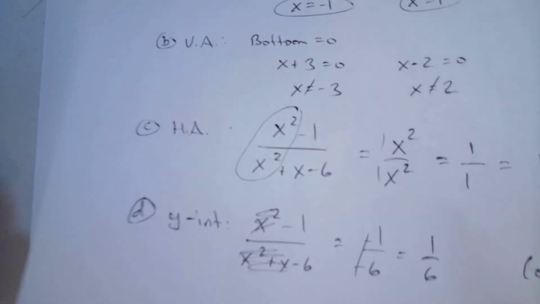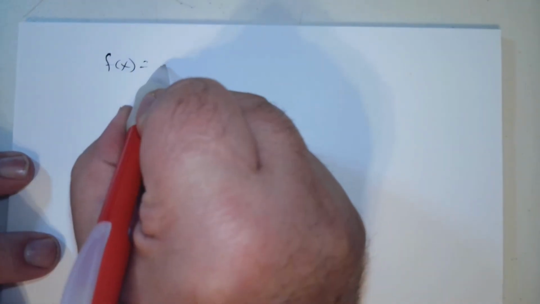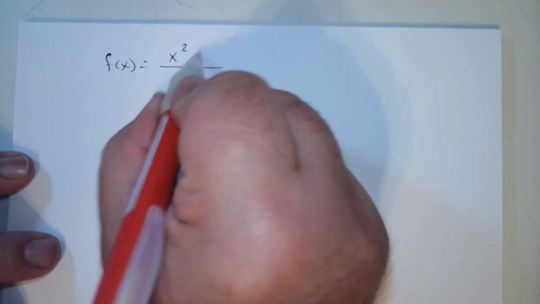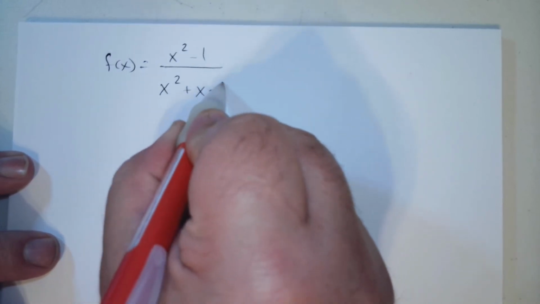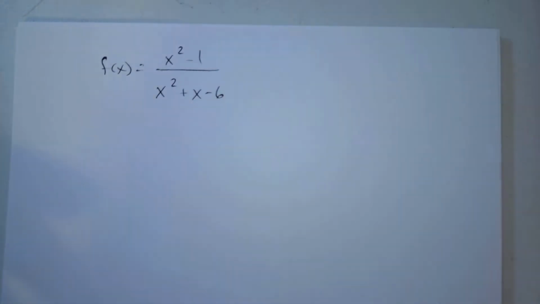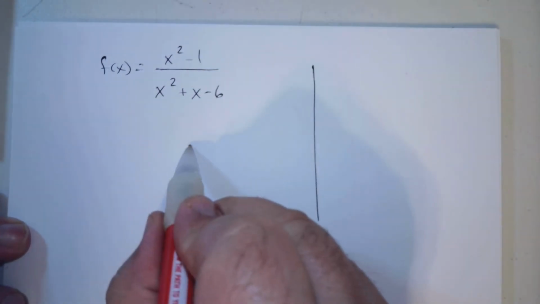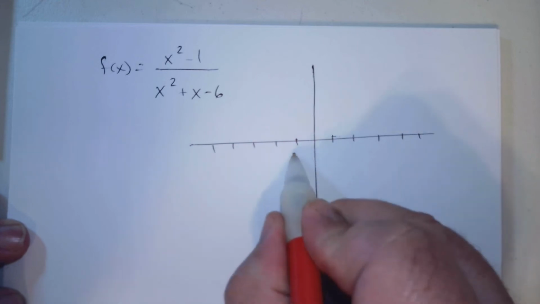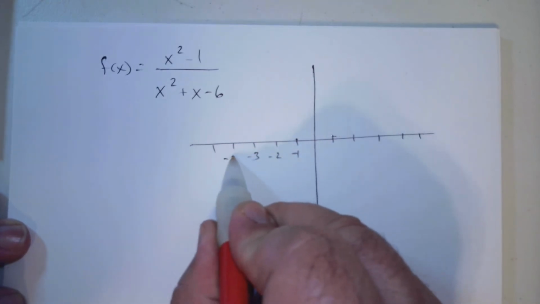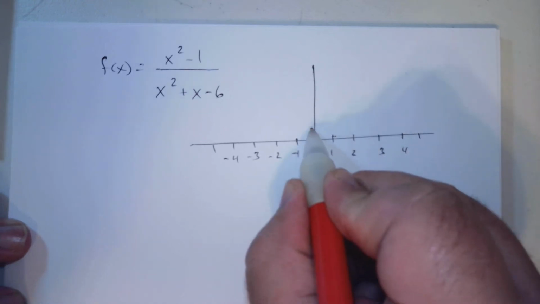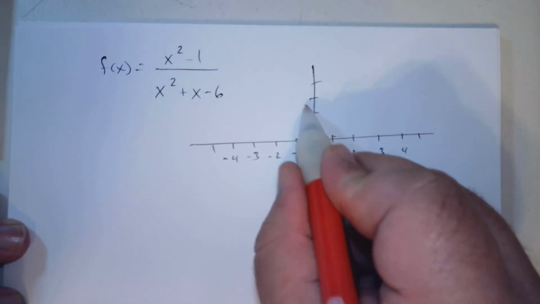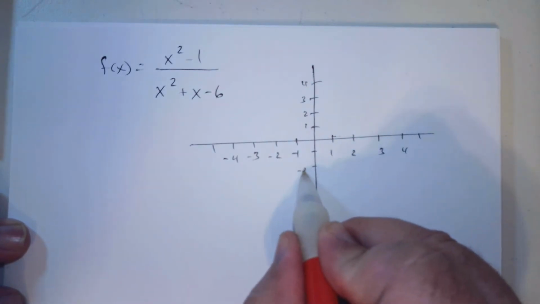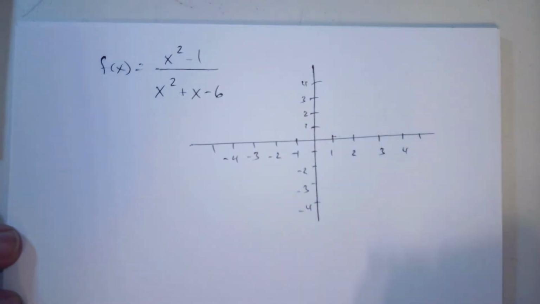Let's look at the graph. 1, 2, 3, 4, 5. 1, 2, 3, 4, 5. 2, 3, 4. -1, -2, -3, -4.